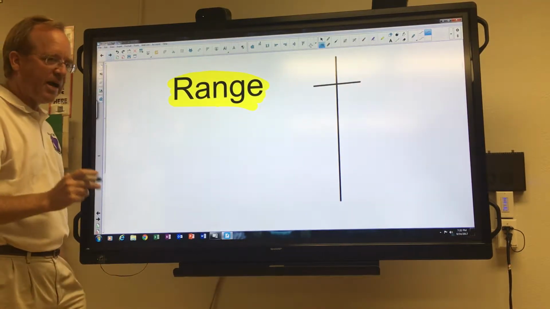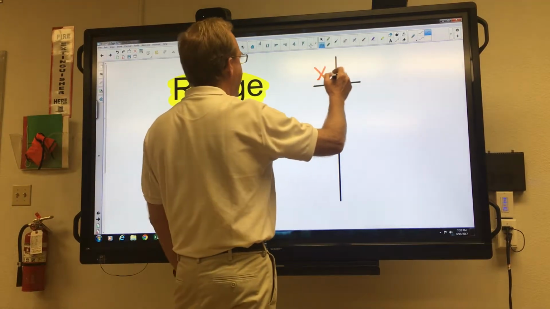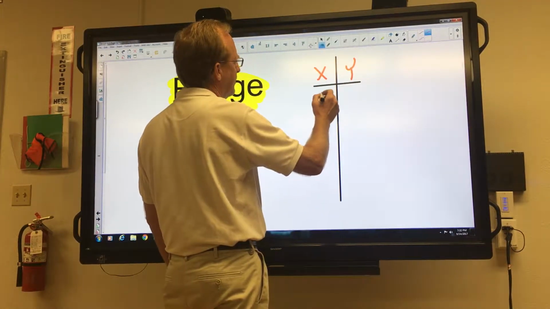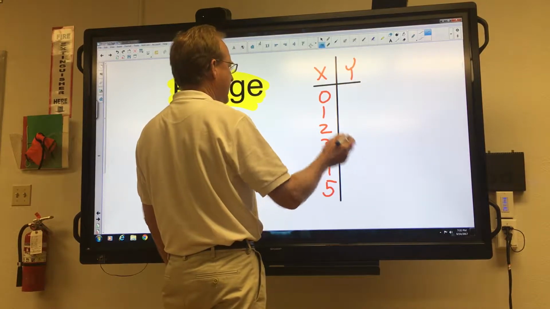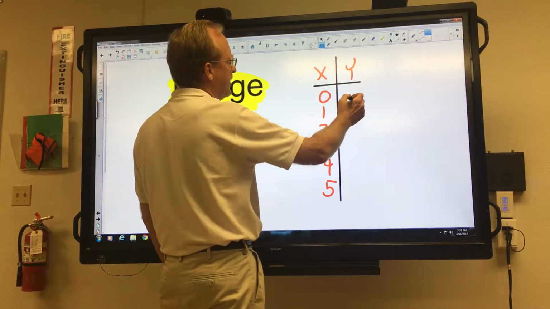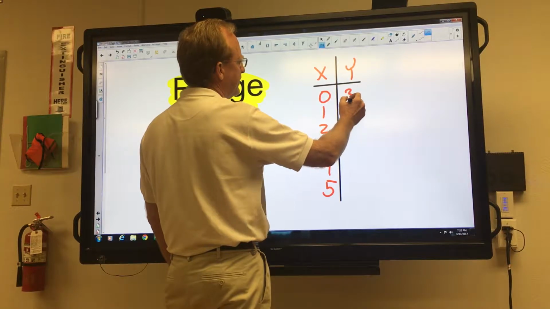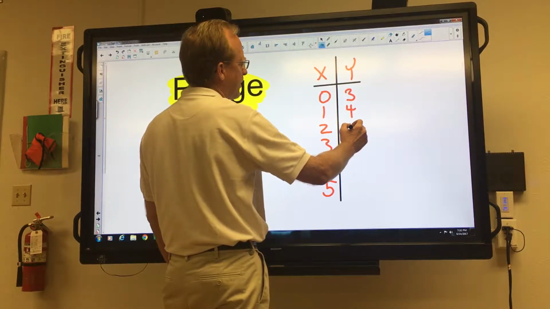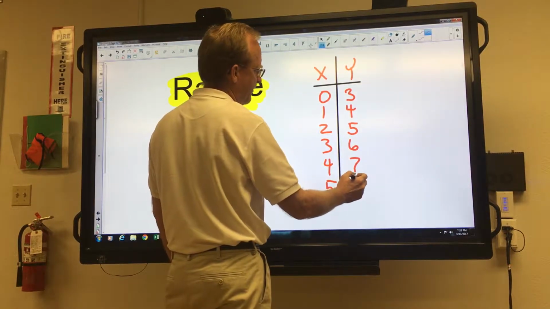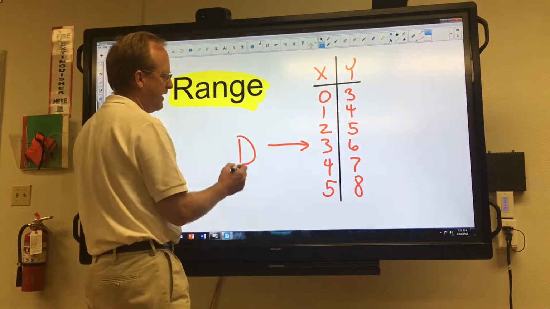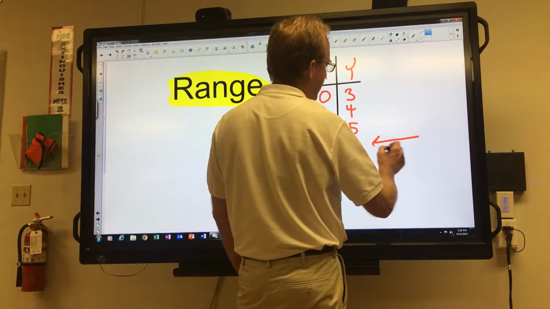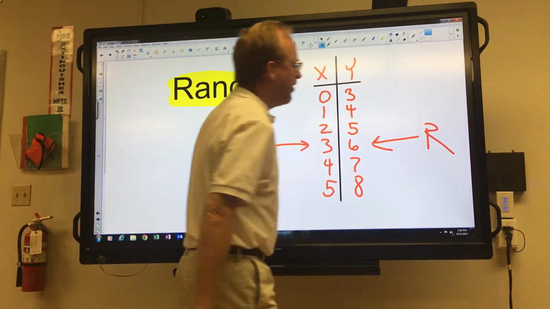Now the numbers that come out, that is our range. 0, 1, 2, 3, 4, that's our domain. And our range, well, 0 plus 3 is 3, 1 is 4, etc. So this is our domain, and this is our range, what's coming out.